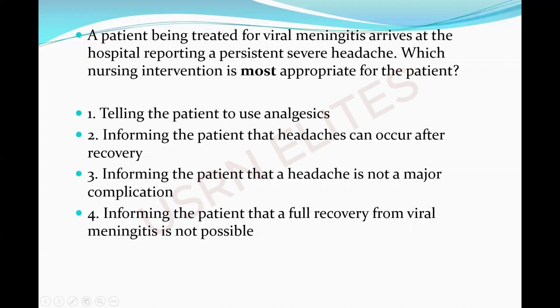Telling the patient to use analgesics. 2. Informing the patient that headaches can occur after recovery. 3. Informing the patient that a headache is not a major complication. 4. Informing the patient that a full recovery from viral meningitis is not possible. Okay. Who wants to try?